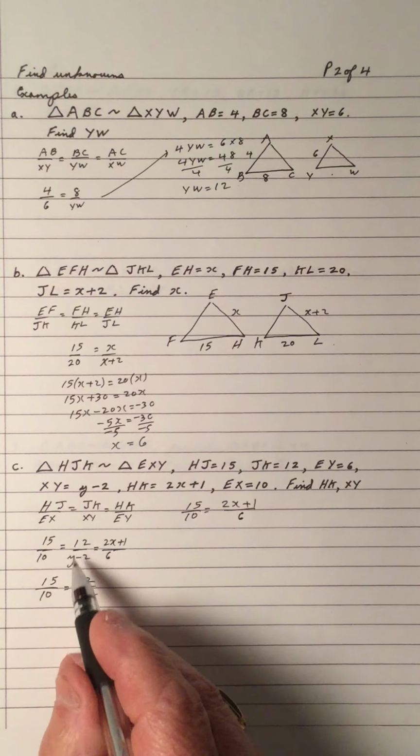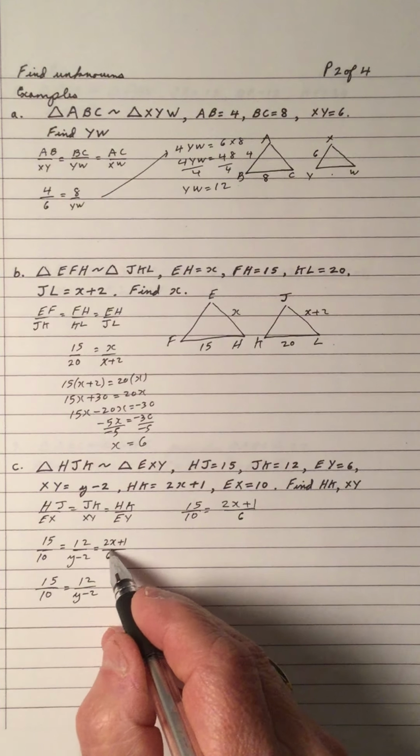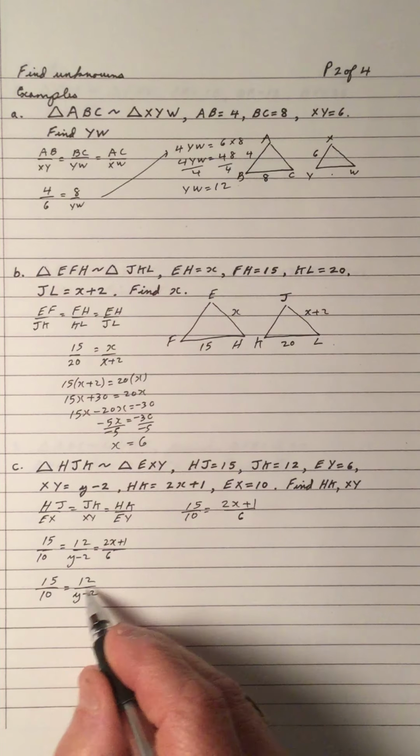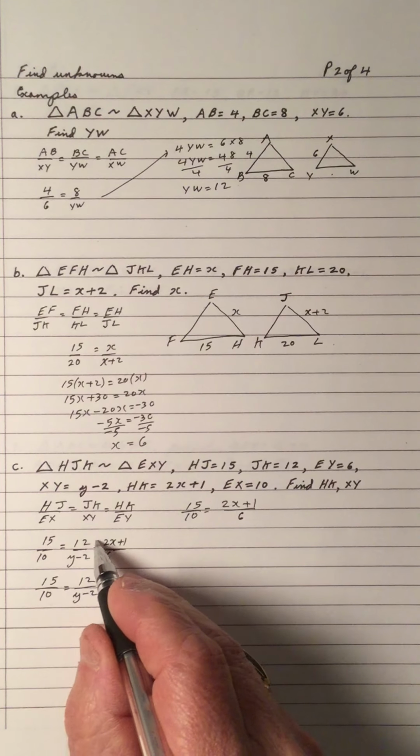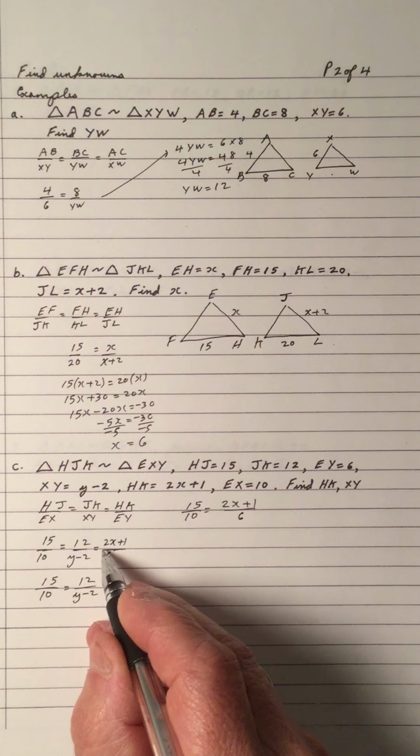These two give me the Y, and this one, 2x plus 1 over 6, gives me the X. I wouldn't use the other two because they have both an X and a Y unknown in them.